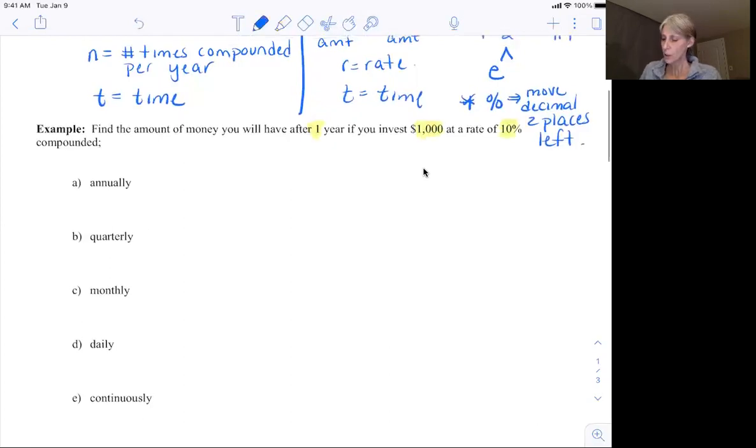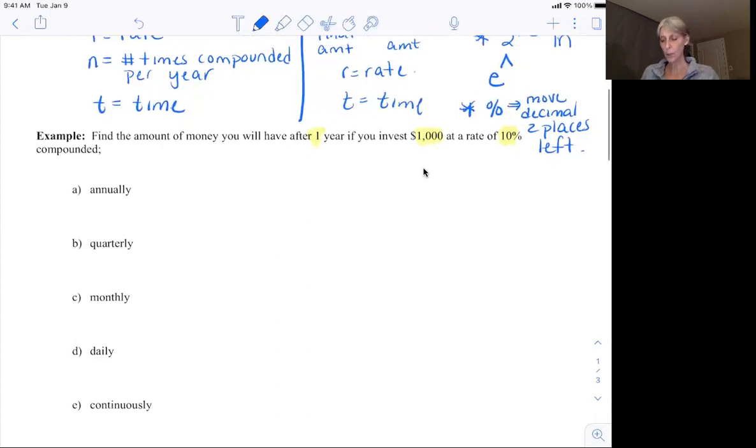We're going to do this annually, quarterly, monthly, daily, and continuously. My 10% is really going to be 0.1 when I move my decimal place, so anytime I plug R into my formula, I'm going to put it in as 0.1.